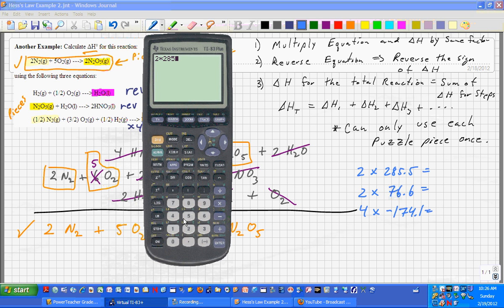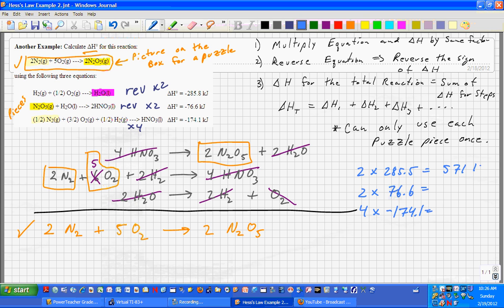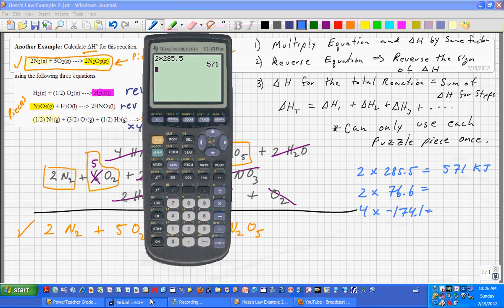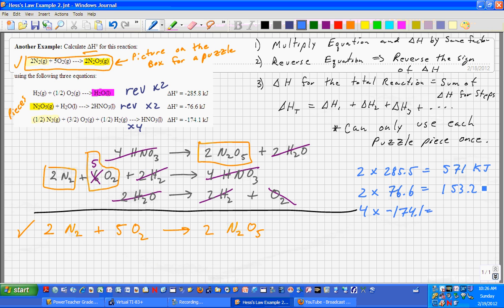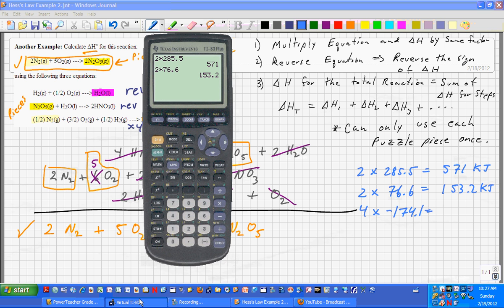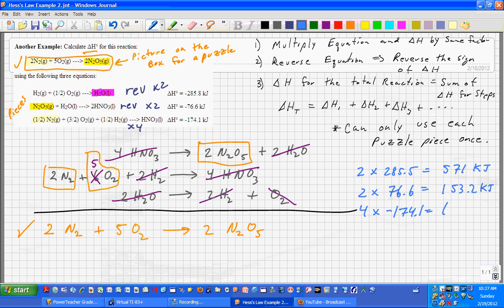2 times 285.8 is going to be equal to 571 kilojoules, and then 2 times 76.6 is 153.2 kilojoules, and then 4 times a negative 174.1 is going to be equal to negative 696.4 kilojoules.